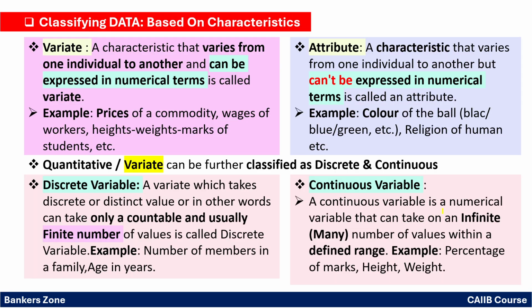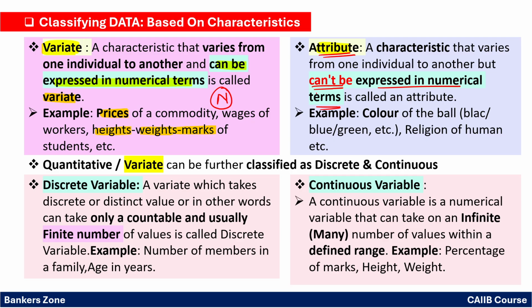Now further, if we have to classify the data, we have already learned that based on the characteristics, we can classify the data into variates and attributes, right? Variates are those data which vary from one individual to another, which can be expressed in numerical terms. For example, the price of a commodity, height, weight, mass. The data which you can represent in the form of numbers. An attribute is something which cannot be expressed in the form of numerical data.